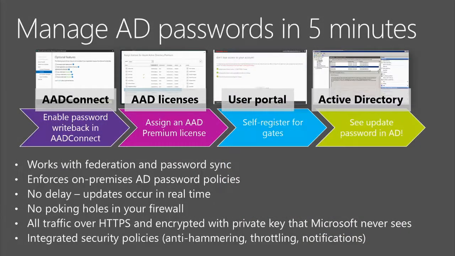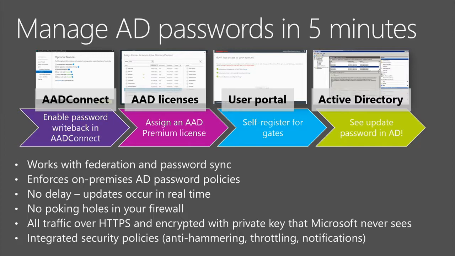And this is one of the core pieces of how to gain the value we've been talking about. You can begin to manage your passwords in Active Directory in less than 5 minutes, right? You go to AD Connect, the talk that Iran had mentioned, where you can see how that all fits together, but there's a simple checkbox in there that says enable password writeback. Then you go to your licenses and enable your users with the premium licenses.